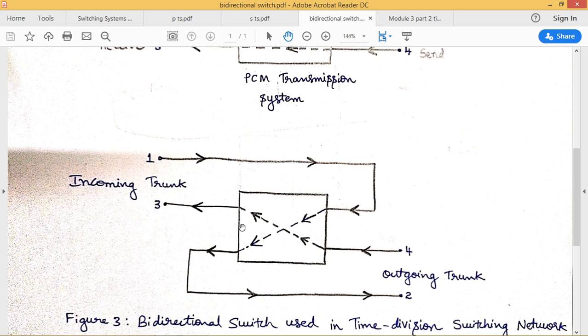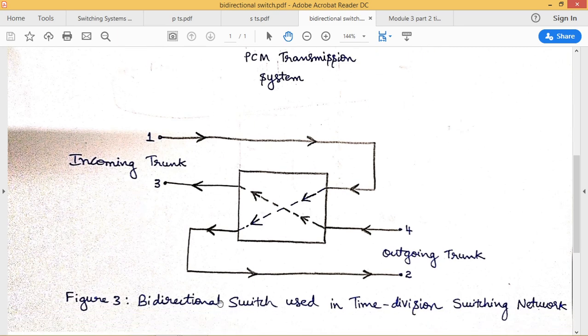The STS network is operating in this way towards the output side, but the data transmission is taking place not only from left to right but also from right to left, in the opposite direction also. So that is what a bidirectional switch is.